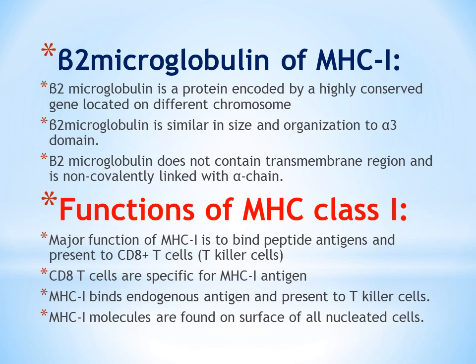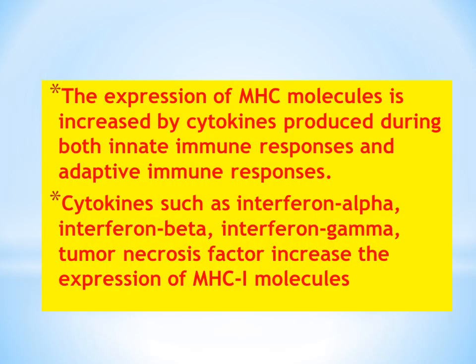MHC class 1 binds endogenous antigen and is found on all nucleated cells. The expression of MHC molecules is increased by cytokines produced during both innate and adaptive immune responses, cytokines like interferon alpha, interferon beta, interferon gamma, and tumor necrosis factor.